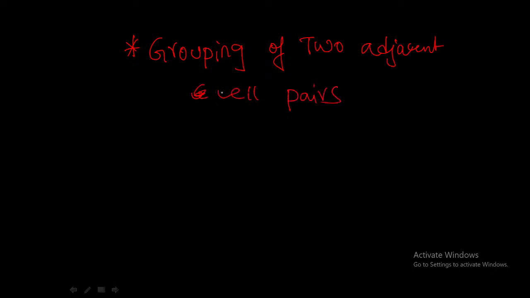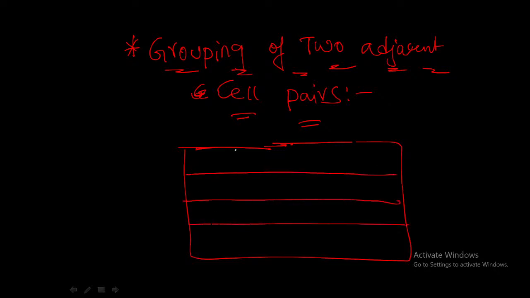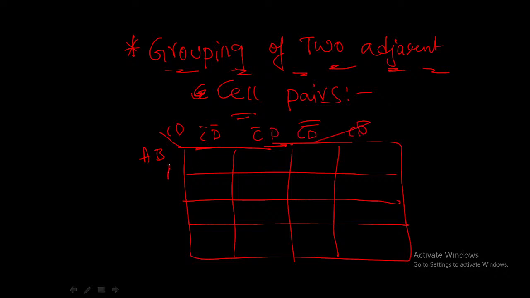So grouping of two adjacent cell pairs. For example, if we have a 4 variable K map, with A, B, C, D present here: C bar D bar, C bar D, C D, C D bar, and A bar B bar, A bar B, A B, A B bar. 0, 1, 3, 2, 4, 5, 7, 6, 8, 9, 11, 10, 12, 13, 15, 14.